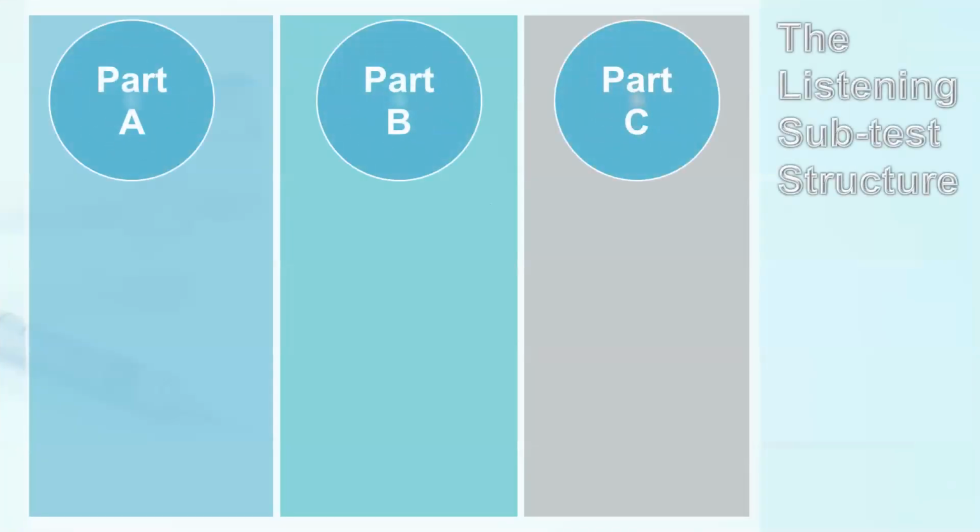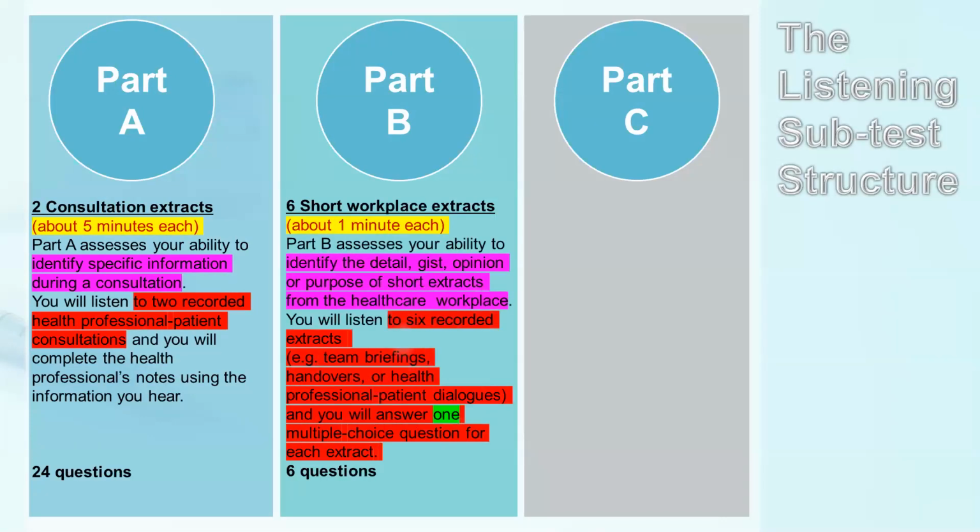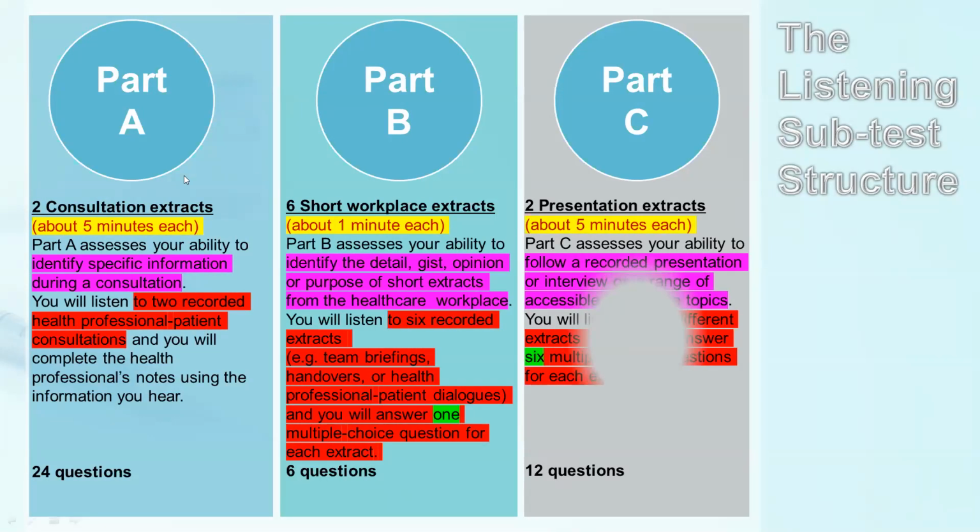Regarding the structure, the listening subtest, which is the first subtest, has 3 parts: Part A, Part B, and Part C. In Part A, you'll have 2 consultation extracts, about 5 minutes each.